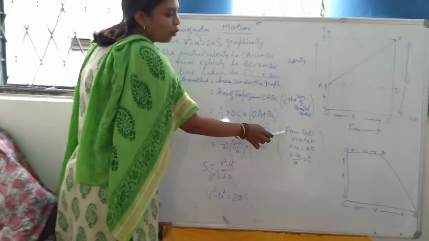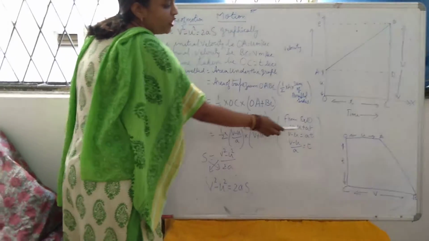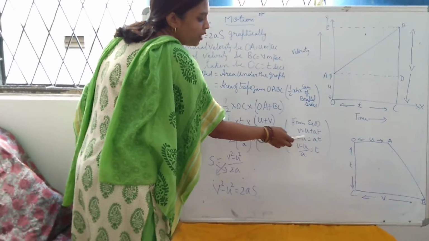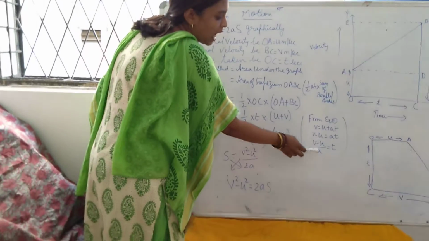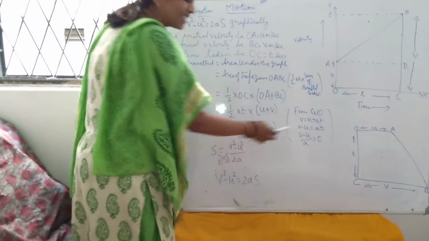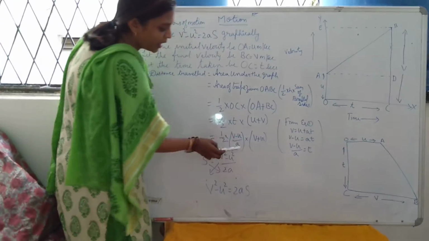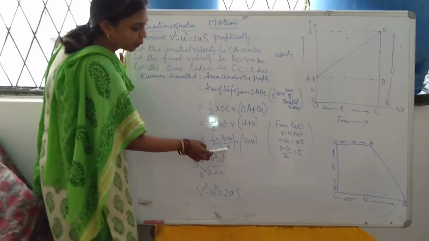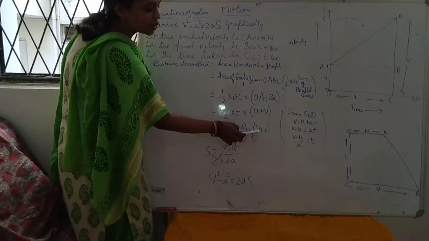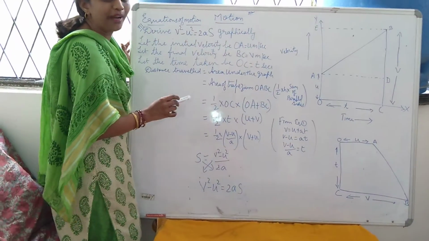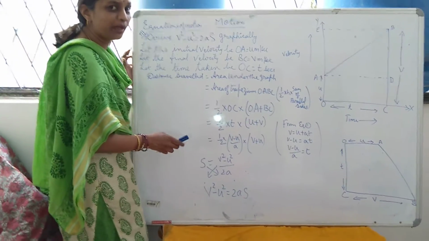Now from equation 1, v is equal to u plus at. v minus u is equal to at, and if you bring this a down, v minus u by a is t. So instead of this t, we will substitute v minus u by a. U plus v, I wrote it as v plus u. Now children, you remember a plus b into a minus b is a square minus b square.